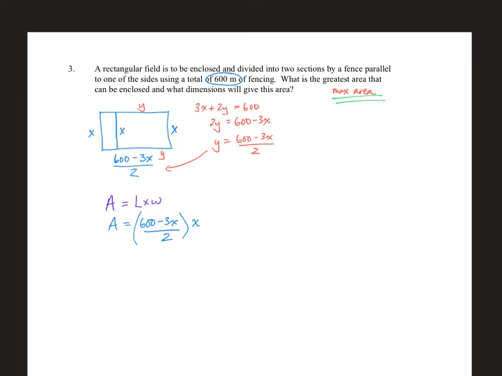Now, one of the big parts that often jams people is that as they work through these problems, they get focused on the fact that you have an A on the left side, and they want to replace that A with a number. I actually don't want to replace it with a number. Because the problem asked me to find the maximum area, that means I need an area function. I don't know the particular value of the area.